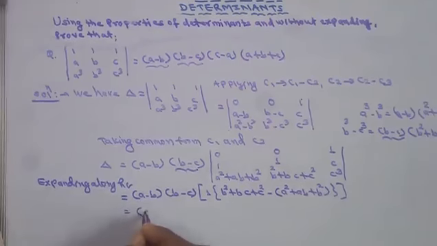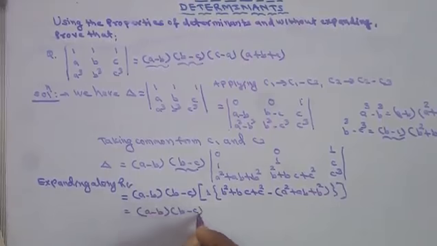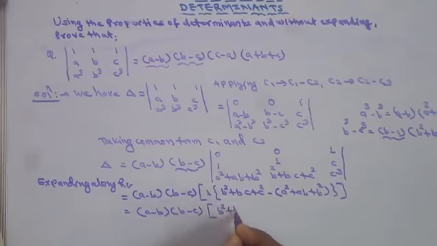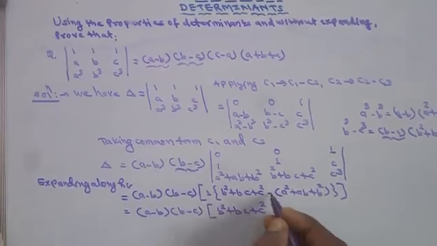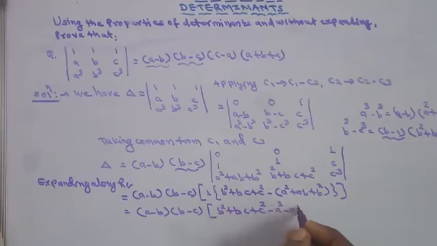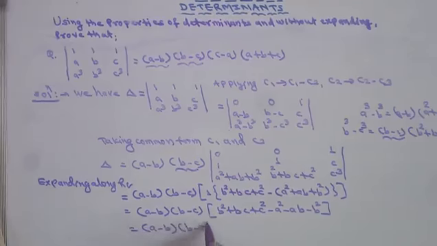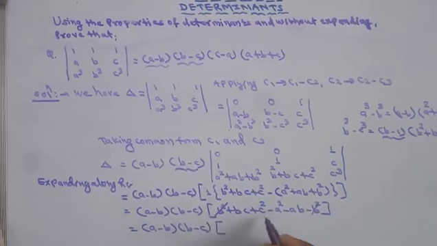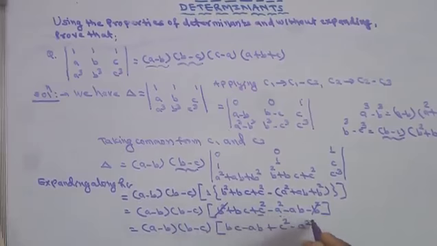So this equals (a − b)(b − c) in the bracket: b² + bc + c² − a² − ab − b². Here b² and minus b² get cancelled, so I take bc and minus ab, plus c², then minus a².